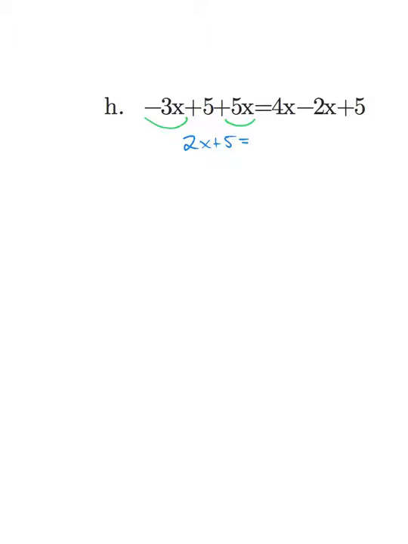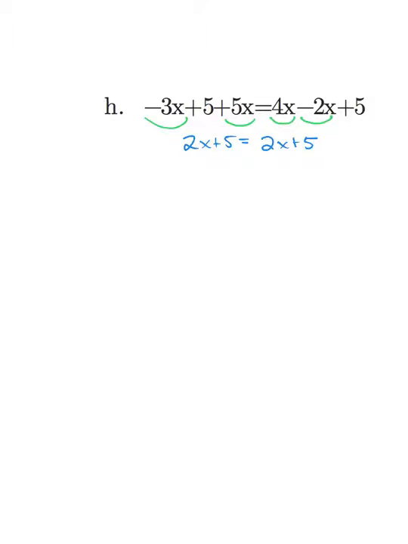And on the right side, we can combine 4x minus 2x and get 2x plus 5. If you want, you can stop there because I think that we can all see that we have the same thing on both sides of the equation. But if you want to continue solving, you can do that as well.